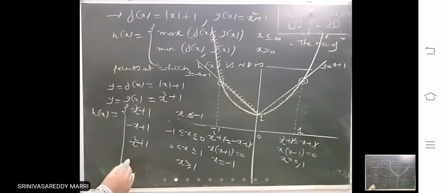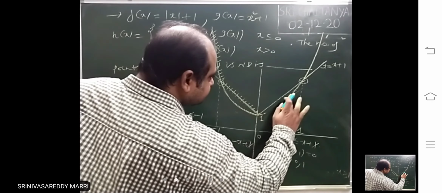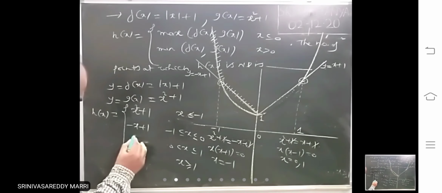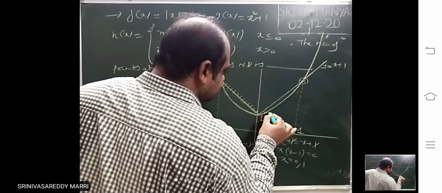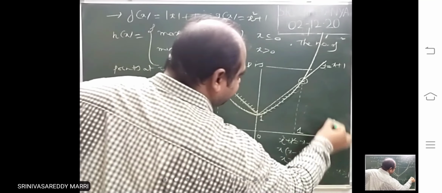Wait. Maximum is this one, not this one. Alright, minimum. Correct. Minimum. Correct. Right. When x greater than 1, minimum is what?